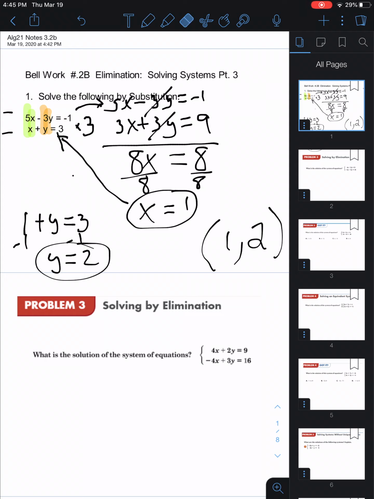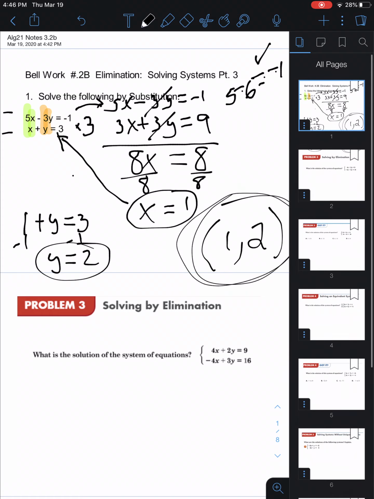So that would be 5 times 1, or 5, minus 3 times 2, or 6, should equal negative 1. And 5 minus 6 does equal negative 1, so that's a check, and it works. This is a good solution. That's the process of elimination, finding a way to eliminate either my x's or my y's.